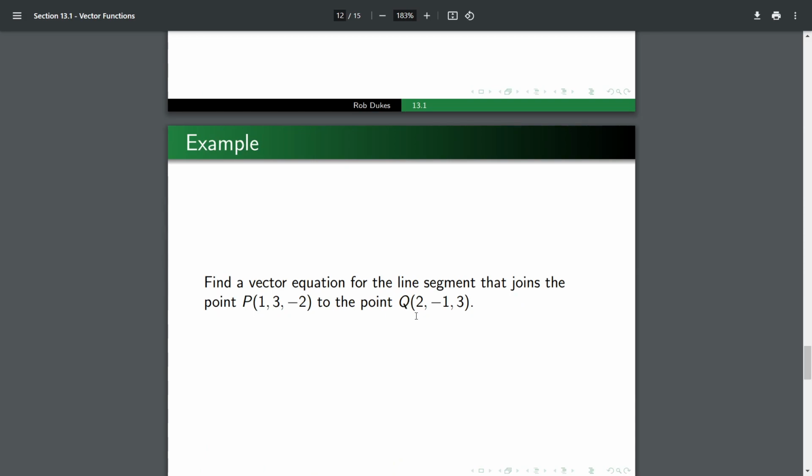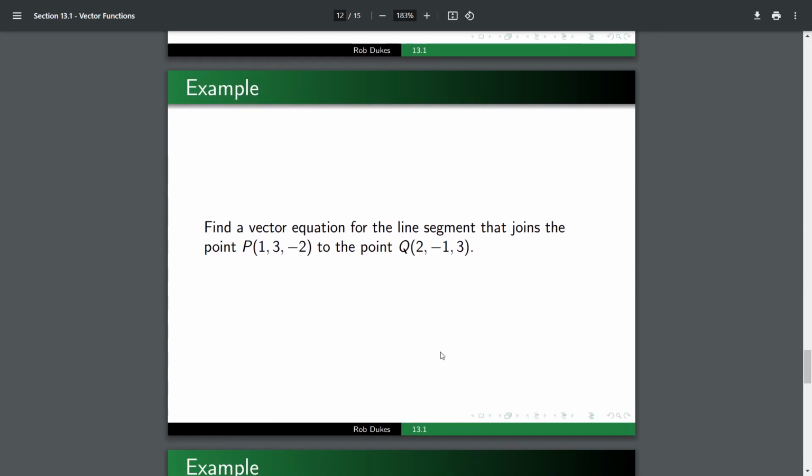All right. Find a vector equation for the line segment that joins these 2 points. Okay, we have done this before, but as a line segment, so this is kind of review. It's a vector function, but it's not anything we haven't done before. Remember the shortcut formula: r of t is r naught times 1 minus t plus r1 times t.